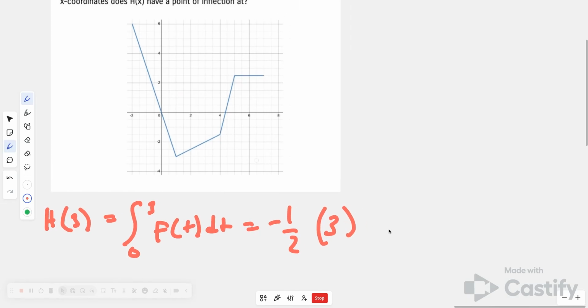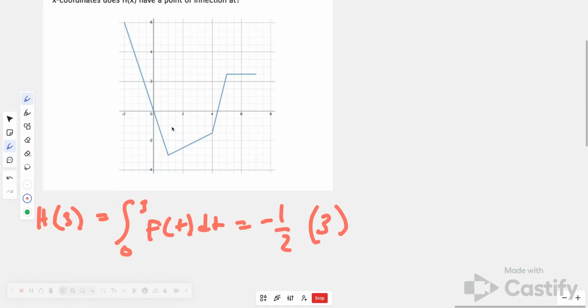And then the area for the trapezoid part, so from here to here, would be, so we have negative 3 as one of the bases, and then we have negative 2 as the other base. So we can add those two together and divide by 2. So you're finding the average of the two bases, and then you're going to multiply this by the height, which is going to be 3 minus 1, which is 2.